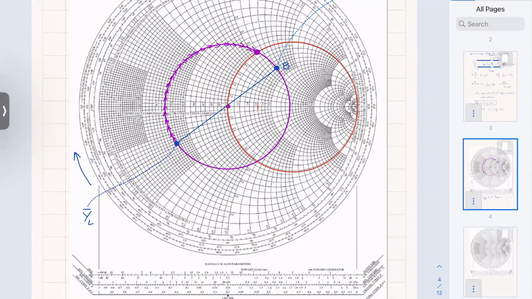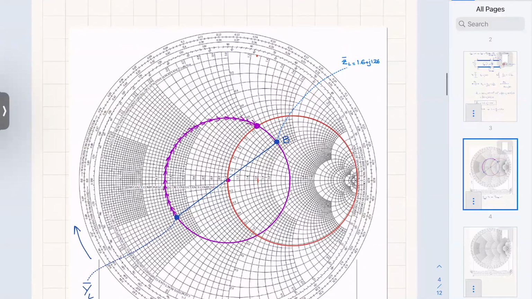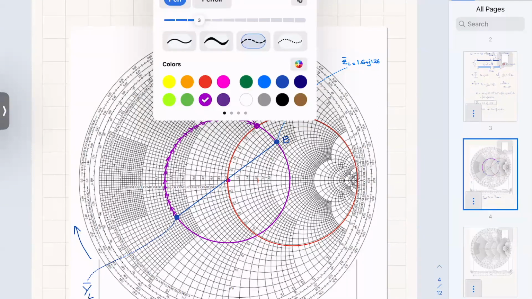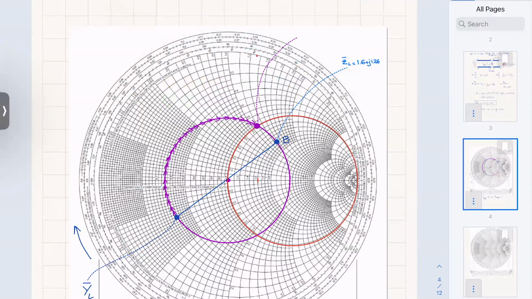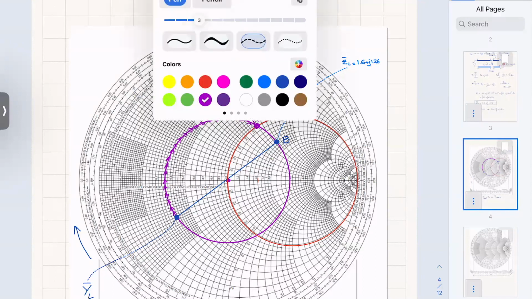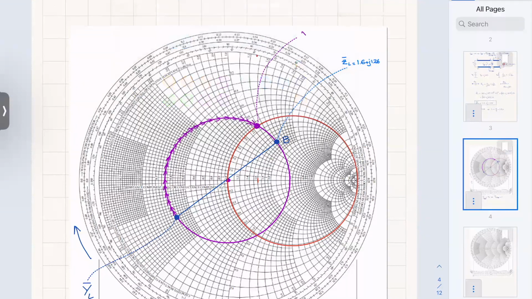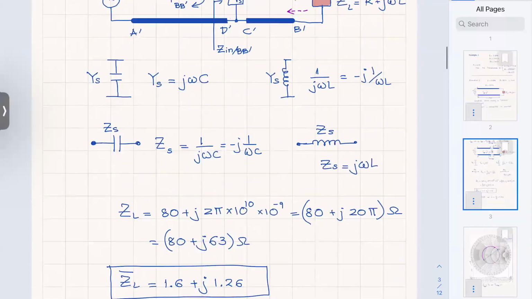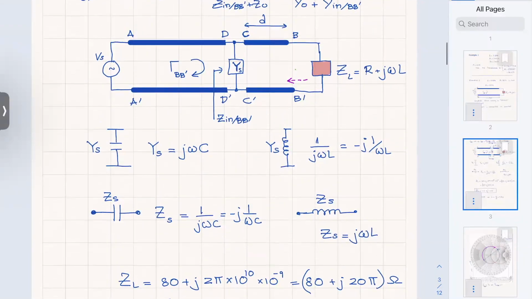Why do I stop there? Because from there, I claim that this point here is nothing else but Y input at CC prime. That's why, you see, I claim that at this point, this is my Y input at CC prime.